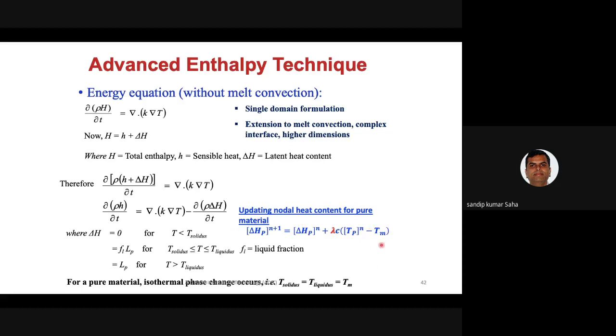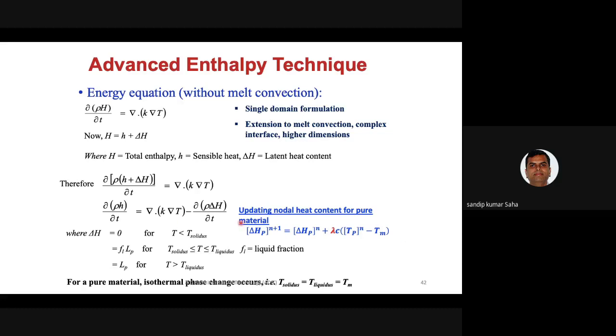And if you numerically calculate the temperature at every location, you know the melting temperature. Then if you put some relaxation factor in the form of lambda, like 0.4, 0.6, and CP is the sensible heat basically, then you can update the enthalpy at each time step as well as each iterative step.